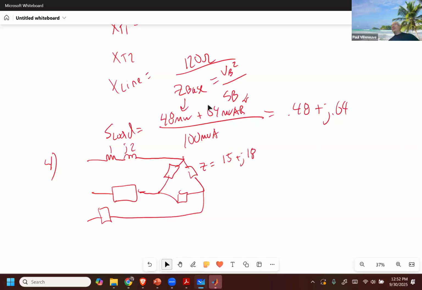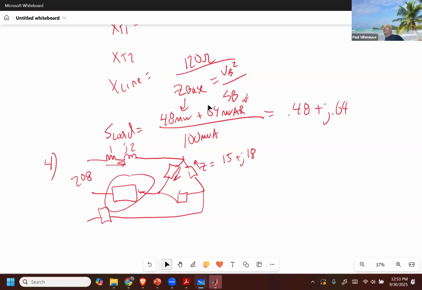If you recognized that you're trying to calculate the current flowing in that element there, either one's fine. It's difficult because if you did this current, you actually have a combination of currents over here, and then you also have that impedance element.